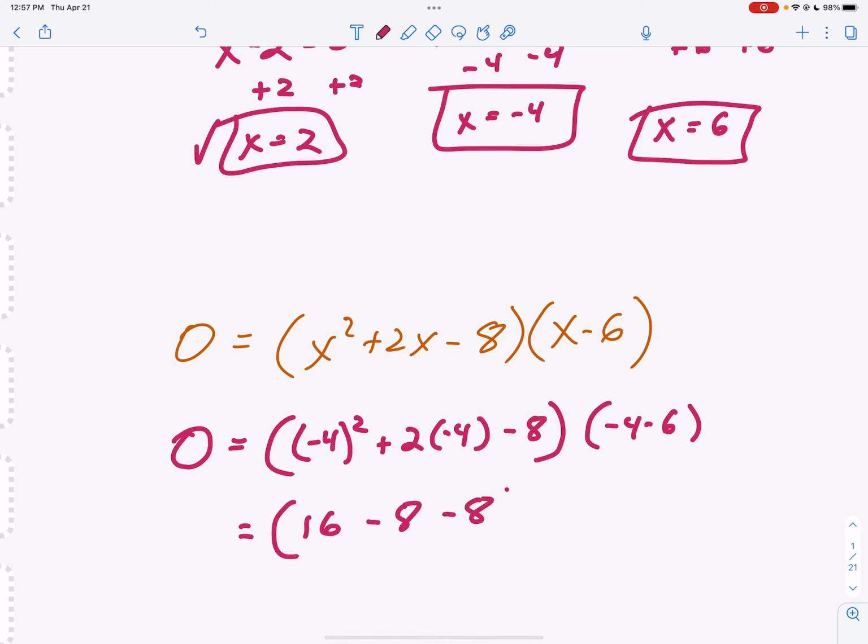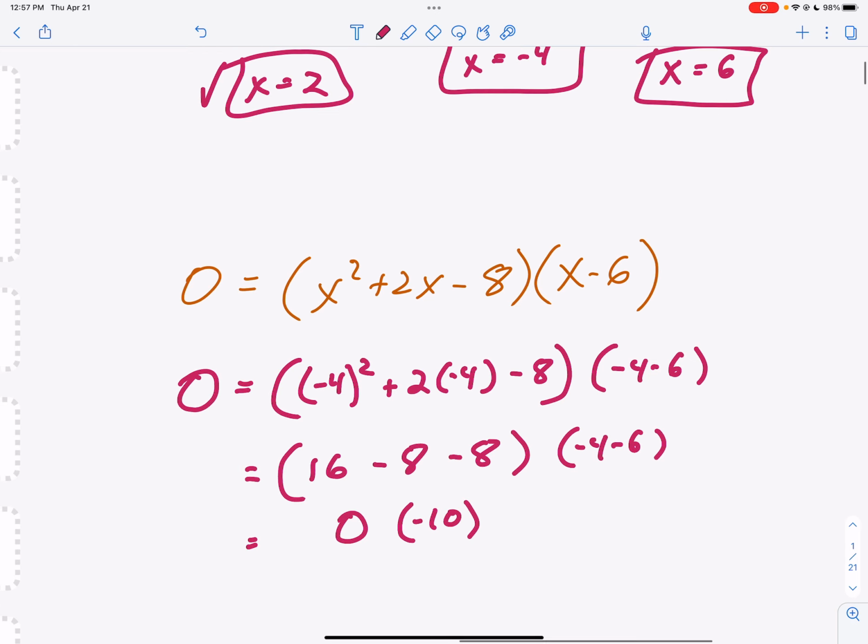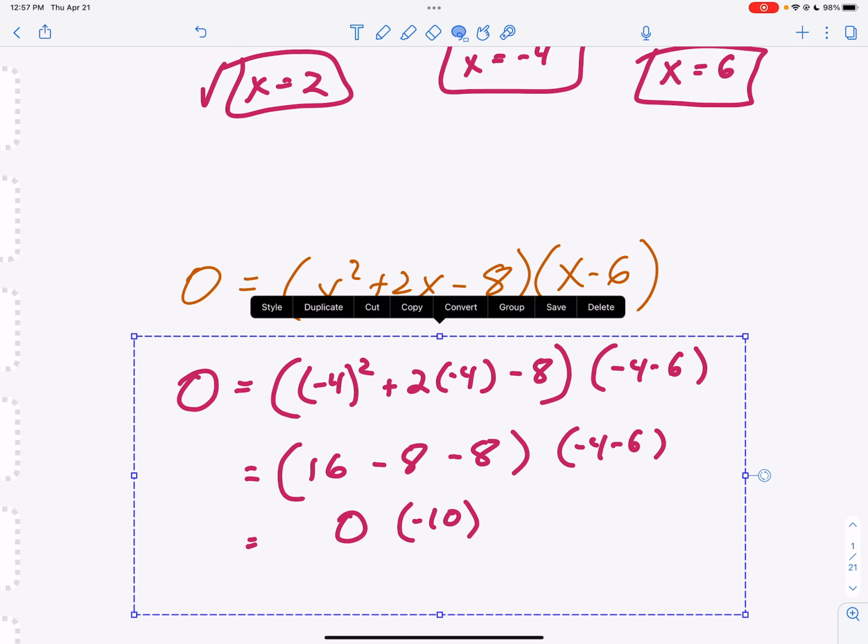And we still have this minus 8 over here. 16 minus 8 minus another 8 is indeed equal to 0. Negative 4 minus 6 is negative 10, so 0 times negative 10 is also 0.